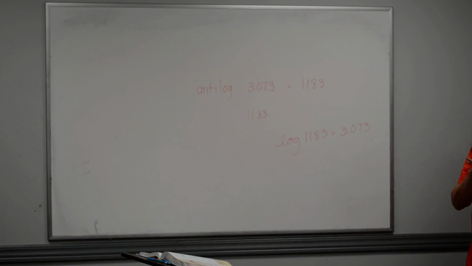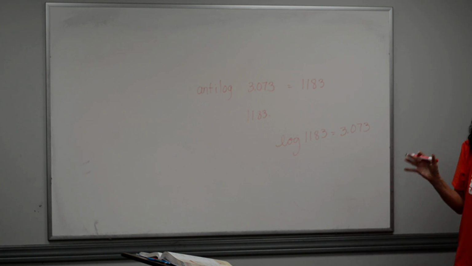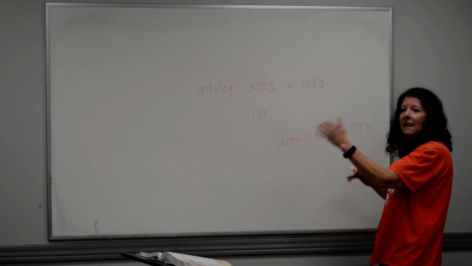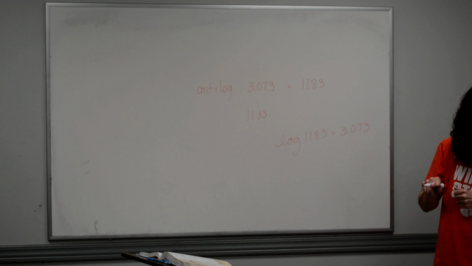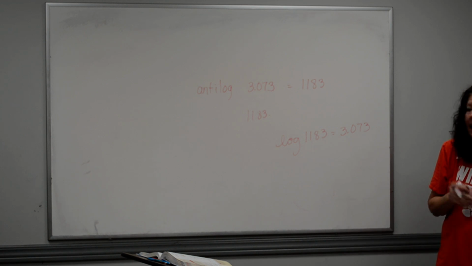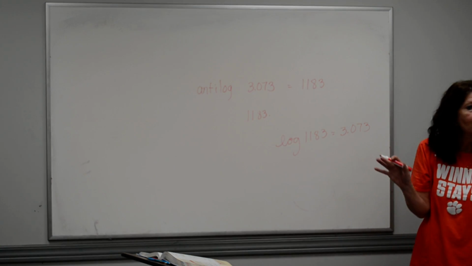Literally in this section, the only thing that they are asking you to do is to find the log of something on your calculator and the anti-log, which is just doing second, log, hit the number, and it tells you what you would have to take the log of to get that number. This entire section, that's all it's doing. If it asks you for the mantissa and characteristic, don't worry about it.